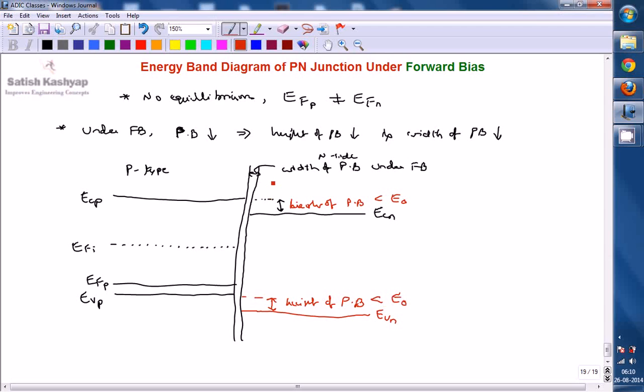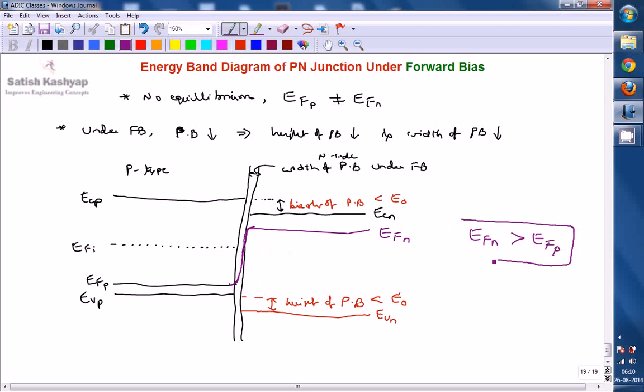Okay, and now if you draw the Fermi level on n side, at that time this is the Fermi level on n side, which will be more near to conduction band edge, so that it is EFN. Now the Fermi level on n side and the Fermi level on p side are going to be different values, and EFN, the Fermi level of n side, will be higher compared to the Fermi level on p side.